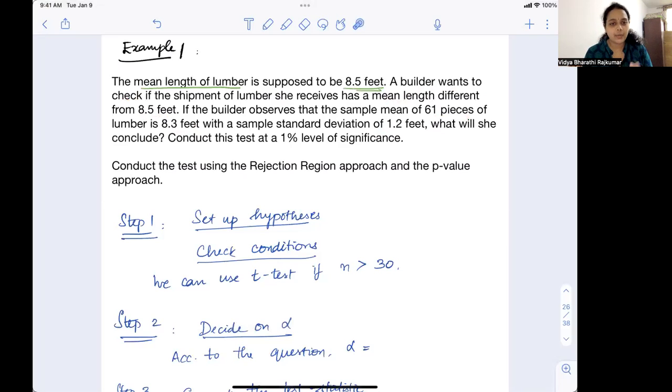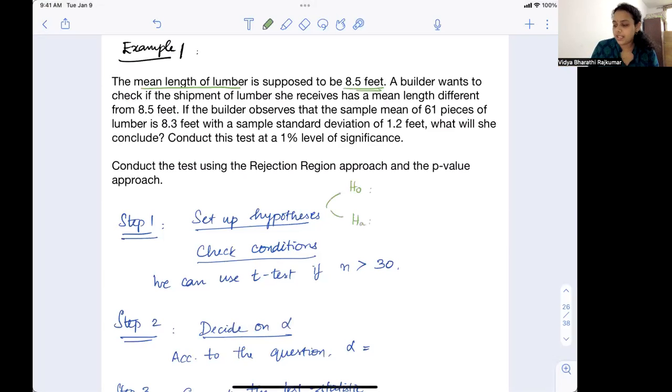Now, clearly, this is a question that's asking us to test the hypotheses. So let's begin by setting up the two hypotheses, the null and the alternative. Well, we know that the alternative is something that we want to prove, and the null is the opposite of that. We also know that the null generally represents the status quo, things as it is.